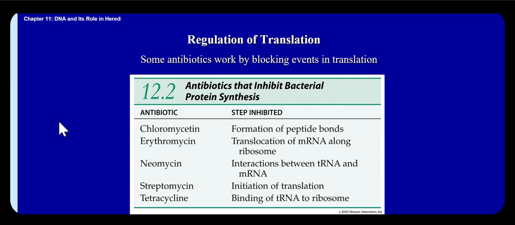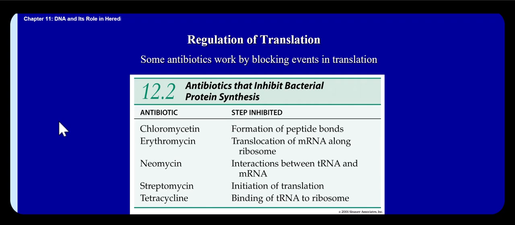Second one, I don't let the messenger RNA move along the ribosome. If it can't move, it can't call for the amino acids it wants to make the protein. No protein. I don't let the transfer RNA interact with the messenger RNA. Well, if the transfer RNA can't bring the amino acids up and make the protein, no protein. Fourth one, I don't let translation initiate.